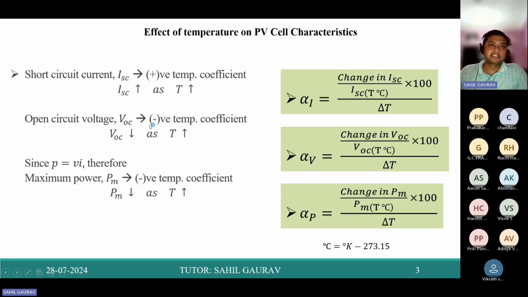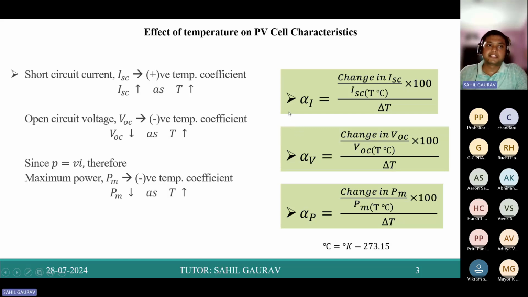Open circuit voltage has a negative temperature coefficient, which means VOC goes down as temperature goes up. Since power is equal to VI, the maximum power also has a negative temperature coefficient, and it goes down as temperature goes up, and vice versa.